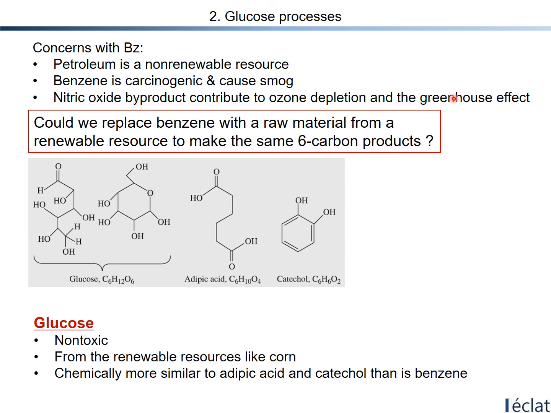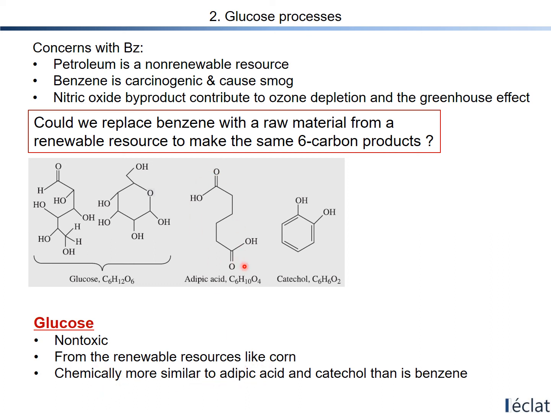A good candidate for the raw material, which is very renewable, is glucose, this one. Glucose is non-toxic, and glucose is made from renewable resources like corn. Also, glucose is chemically more similar to adipic acid.